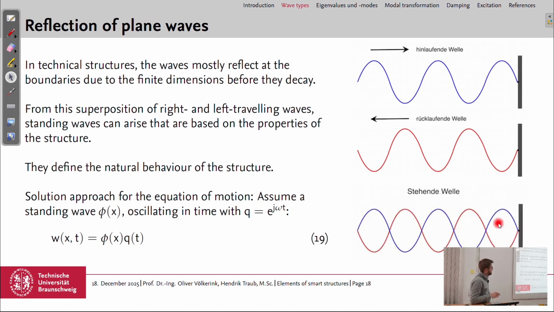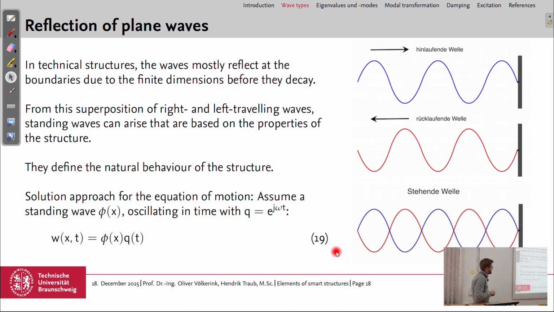These standing waves correspond to the eigenmodes of a structure, which we will look at in active vibration control later on. And the shape of these waves is defined by material, geometry and also boundary conditions.